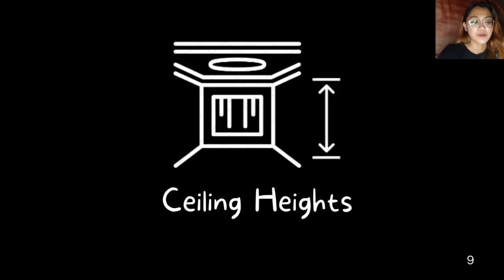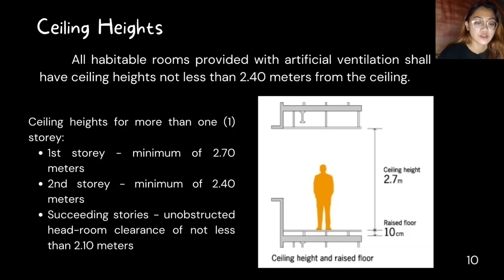Next topic is the ceiling height. All habitable rooms provided with artificial ventilation shall have ceiling heights not less than 2.40 meters. For ceiling heights for more than 1 story, the first story should have a minimum of 2.70 meters, as explained in the pictures on the side.